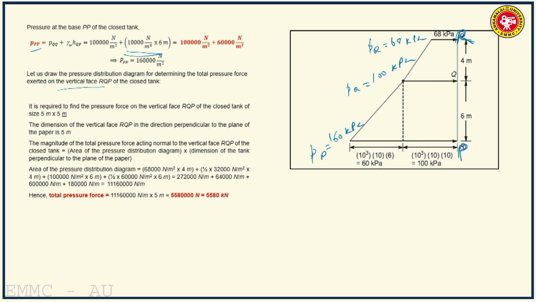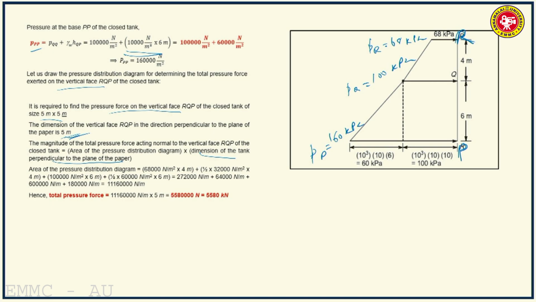So it is required to find the pressure force on the vertical face RQP of the closed tank of size 5 meters by 5 meters. The dimension of the vertical face RQP in the direction perpendicular to the plane of the paper is 5 meters. So the magnitude of the total pressure force acting normal to the vertical face RQP of the closed tank will be the area of the pressure distribution diagram multiplied by the dimension of the tank perpendicular to the plane of the paper. So what is the area of this pressure distribution diagram?